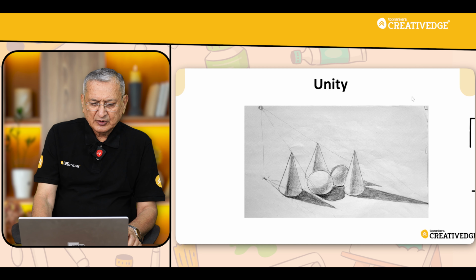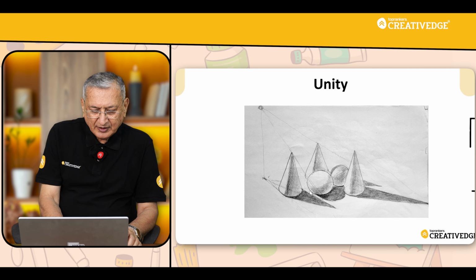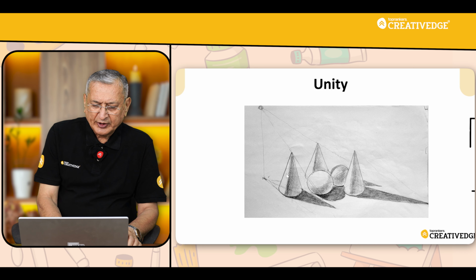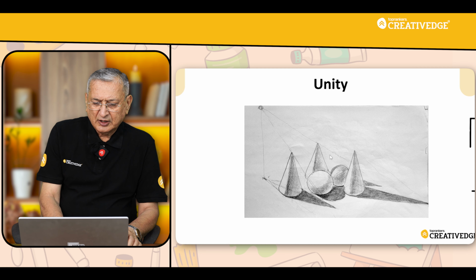After I have shown you this repetition of unity, you can see the repetition of unity, and there is a isolation of the cone kept here in the composition. In fact, this is not a true composition because if you remove this cone, the composition is not disturbed.